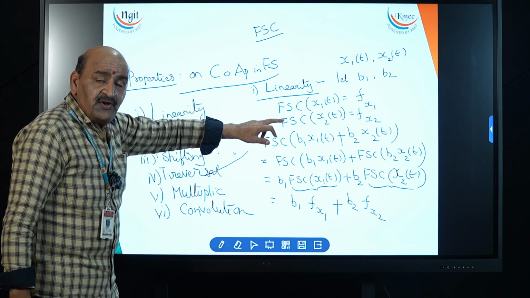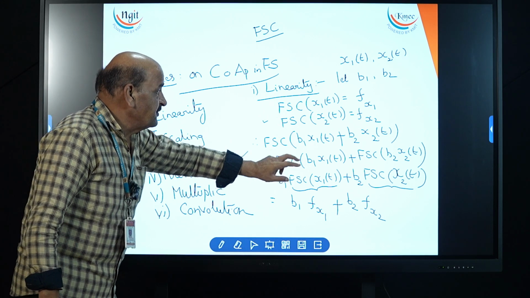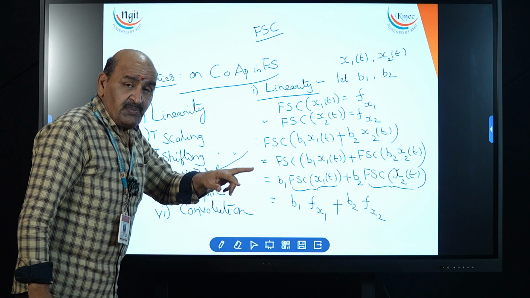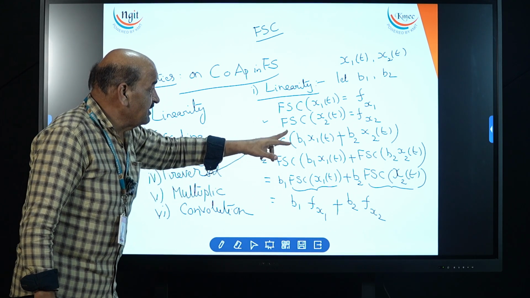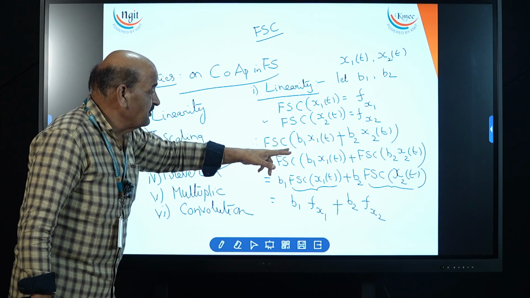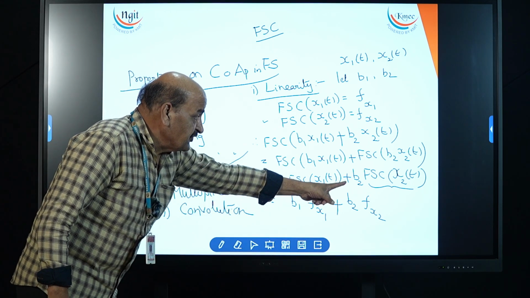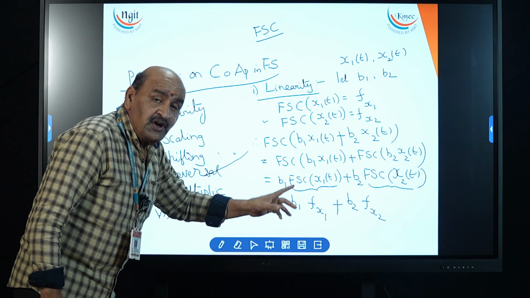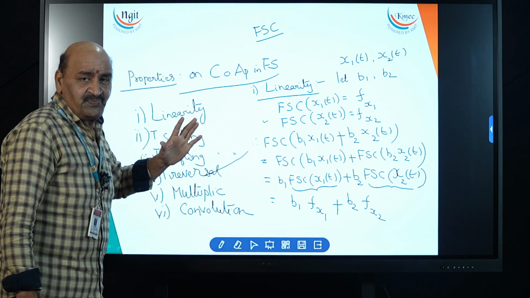Fourier series coefficient of a superposition signal. Superposition means what? We have to make it linearity property. Fourier series coefficient of the superposition of signals is equal to the sum of Fourier series coefficients of individual signals.